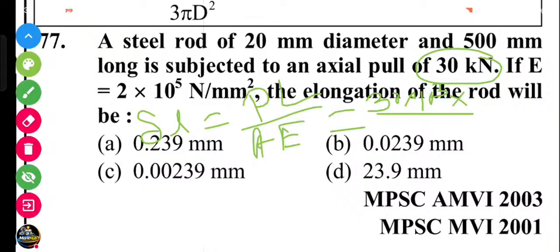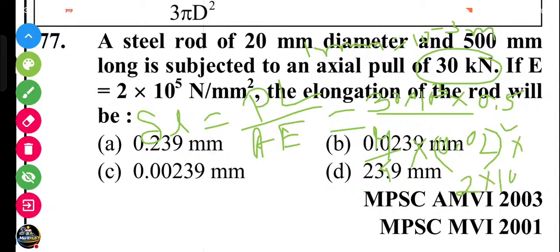Length is given as 500 mm, and 1 mm equals 10 to the minus 3 meter. So 0.5 meter divided by area pi by 4 into 0.02 whole square into E, 2 into 10 to the 5.